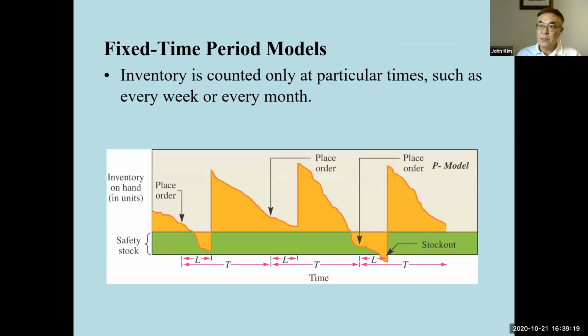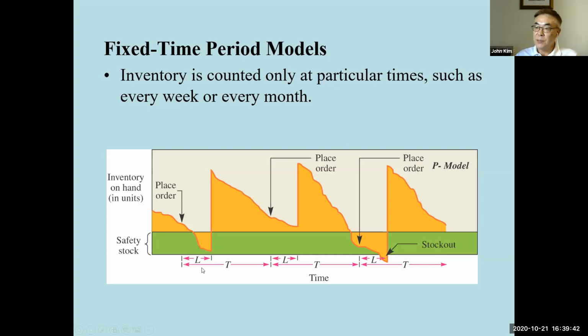Next one is the fixed time period model. So far we did the fixed quantity model, where we fix the order quantity and use that order quantity again and again.